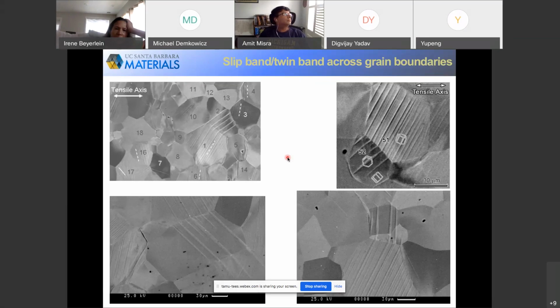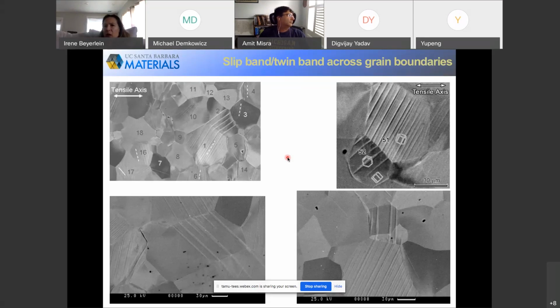Yeah. First of all, I think it's neat that it twins. I don't know what its crystal structure of this intermetallic is. I think it was cubic. Okay. So if it's B2 or twins in FCC, that I don't remember.